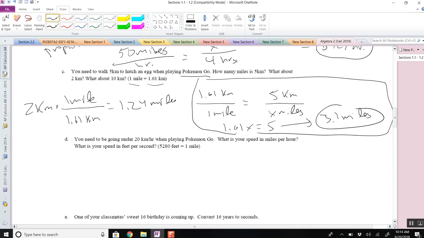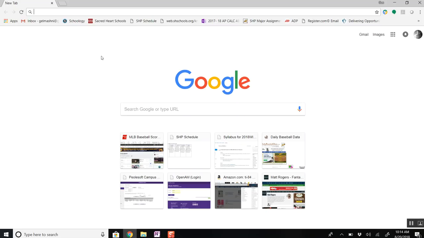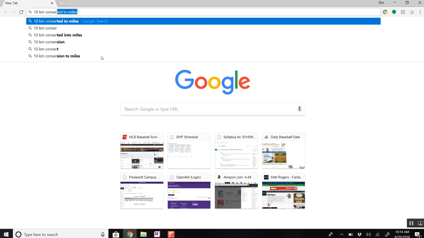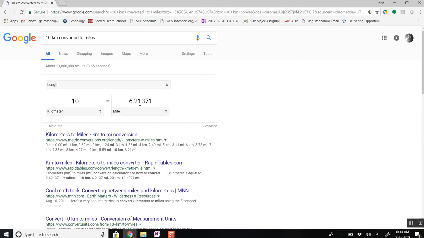So it's 1.24 miles. And 10 kilometers, of course, is this. Now, if you so wish, you could cheat, which is not a problem, because that's what we do these days. We try to be efficient. I'm not cheating, but if you want to say 10-kilometer conversion, Google has a very nice way of doing that. So you could do that if you like.